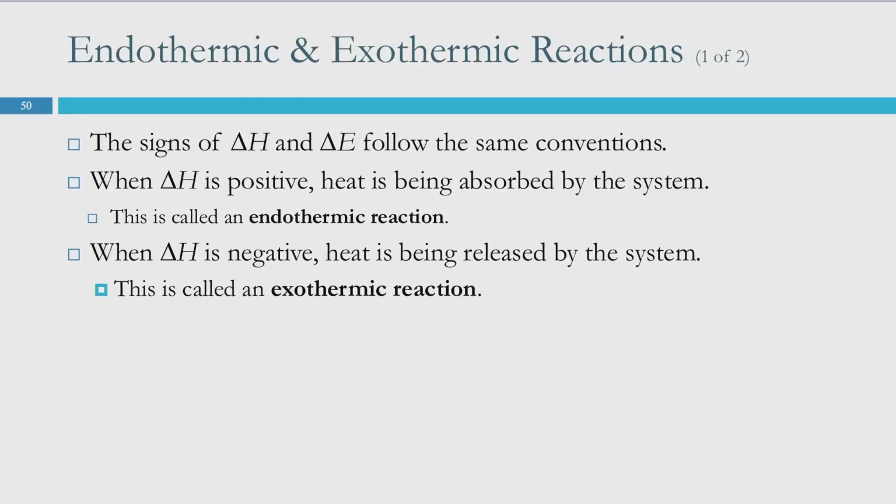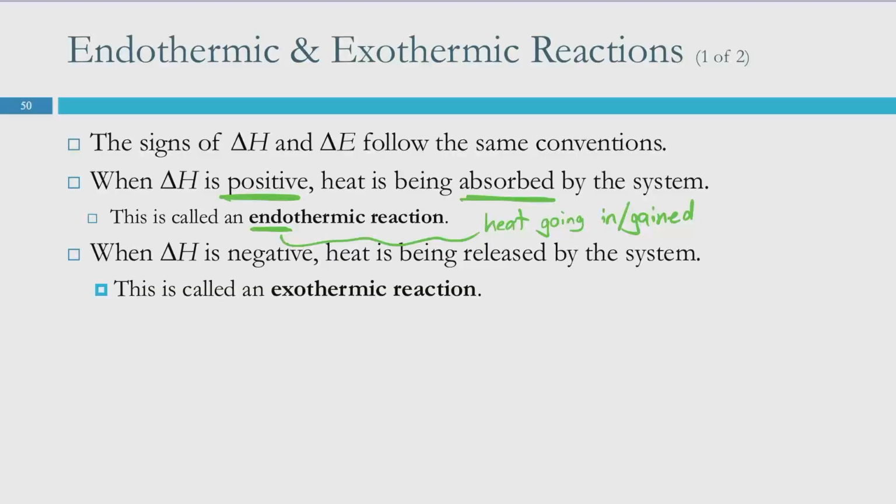All right, the signs of change in enthalpy and change in internal energy follow the same conventions. When the value is positive, heat is being absorbed by the system. So absorbed has a positive value, and we call those endothermic. Heat going in or being gained.